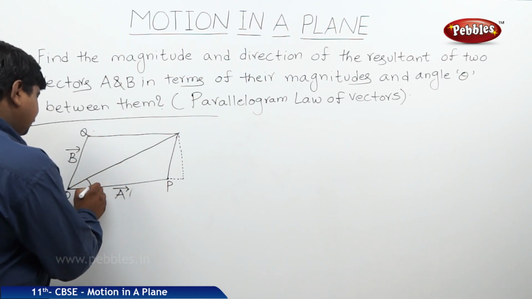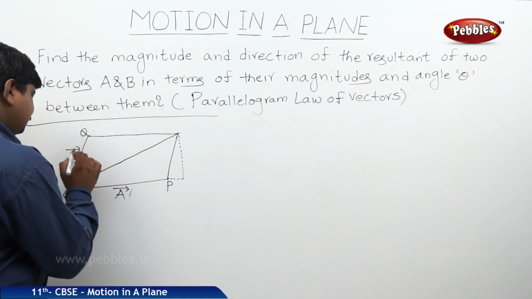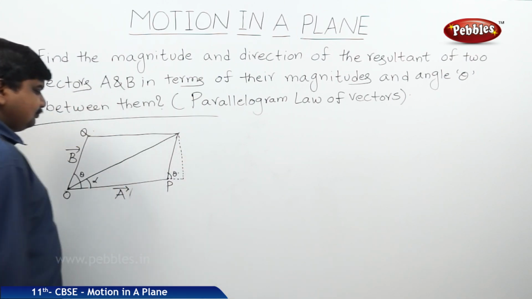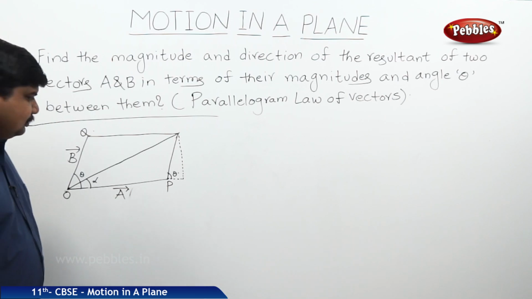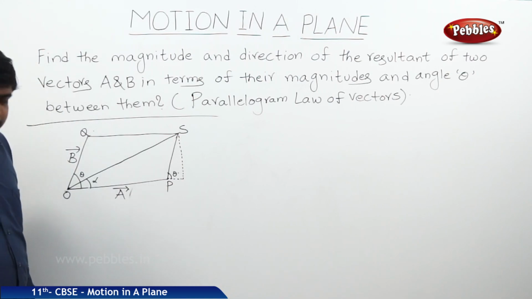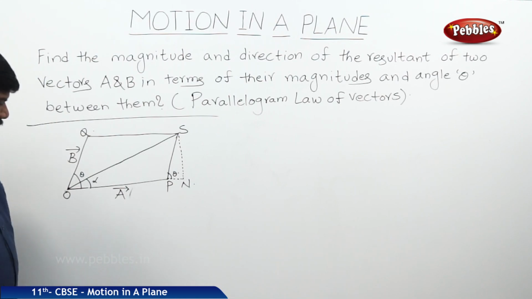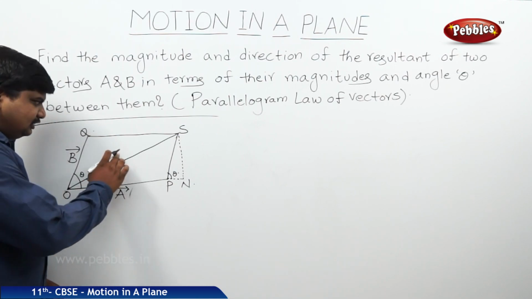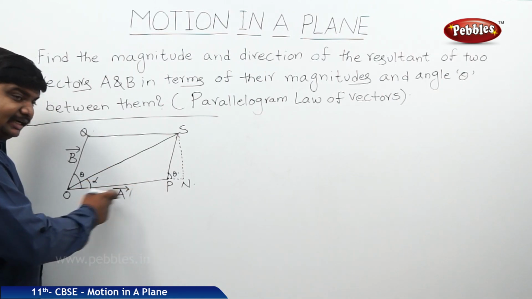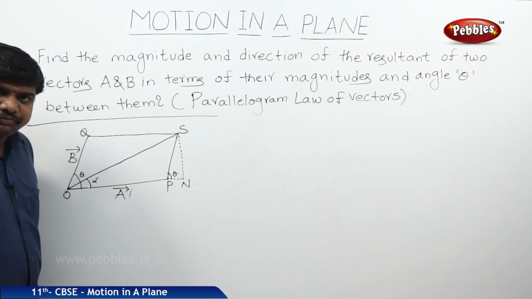It makes an angle alpha with the resultant, and the total is theta. This is also angle theta. This is S, which is touching at a point S. The triangle is N. The resultant vector, which is passing through O to S, makes an angle alpha with respect to the side A, and makes an angle beta with respect to the side OQ.